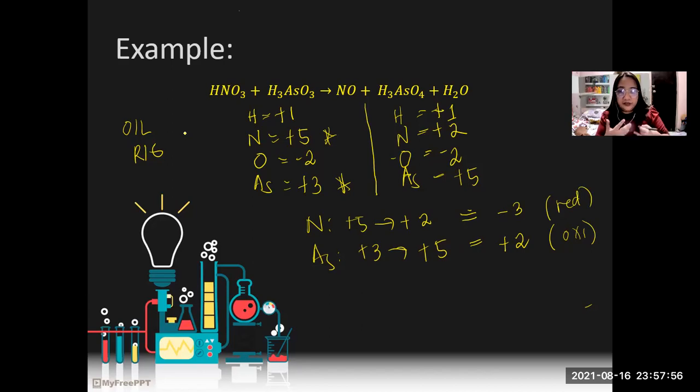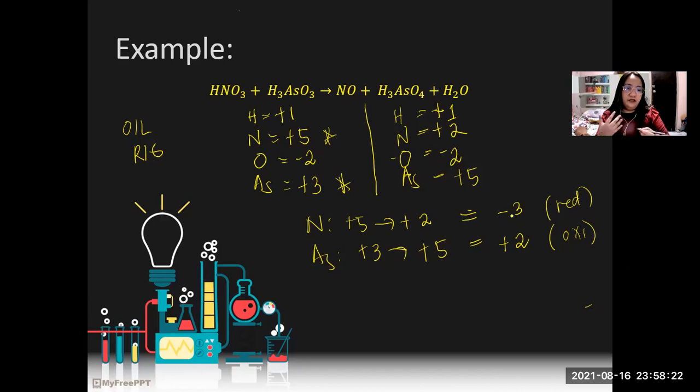So this is the oxidation stage. This is the reduction. But of course, when it comes to agents, arsenic is the reducing agent and nitrogen is the oxidizing agent. Because what made it oxidize? It's nitrogen. What made it reduce? It's arsenic. So take note of that.